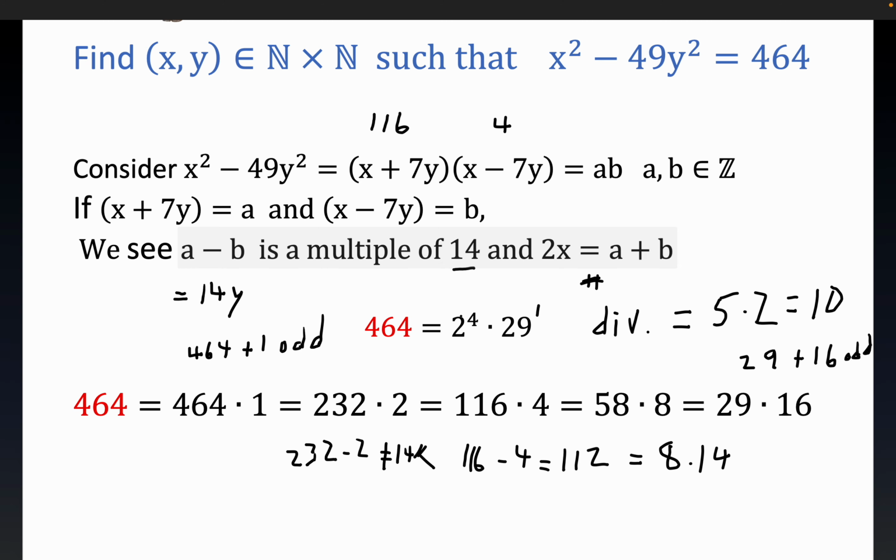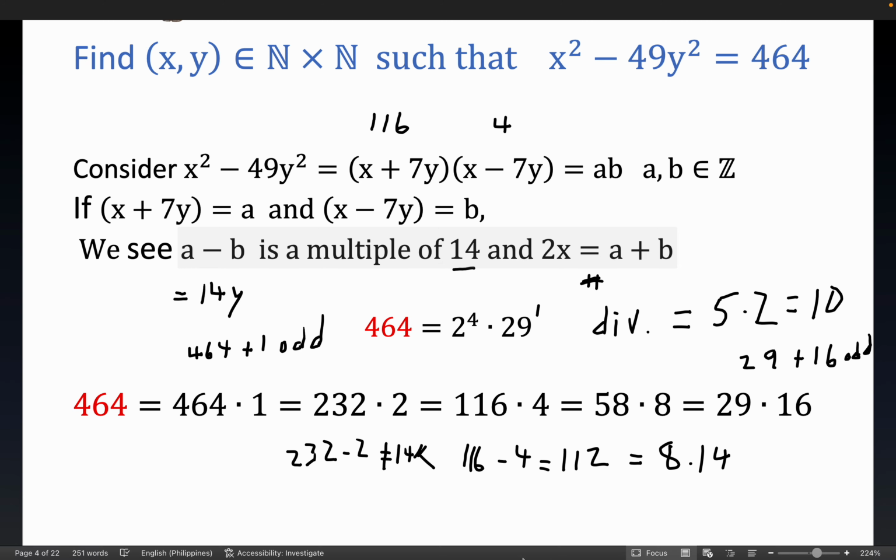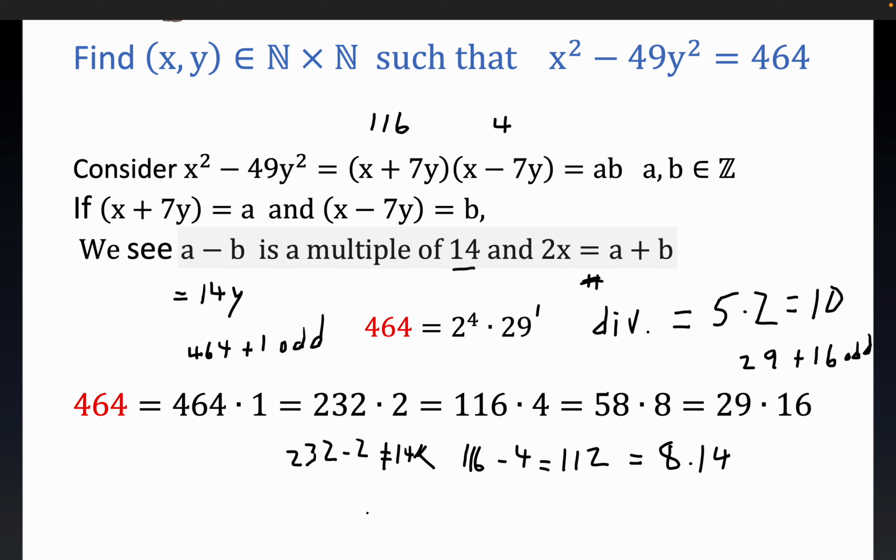We have 116 minus 4, and 116 plus 4 is 120, right? So let me just write it right here. This is a little sloppy, but we'll live. 116 plus 4, which is the one we see has the difference of 112, is equal to 120.